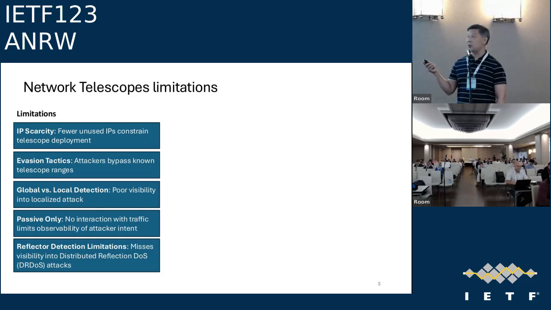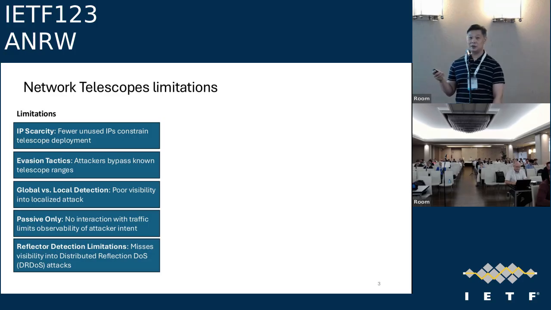So there are some limitations about the legacy telescope. Firstly, it needs a lot of IP addresses, because the darknet is actually a block of unused IP space set aside for passive packet monitoring.